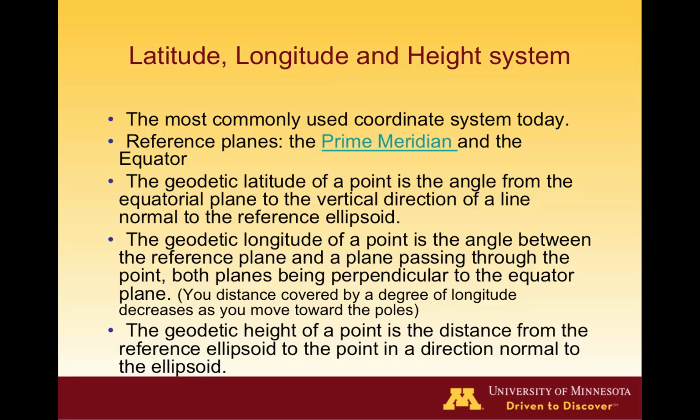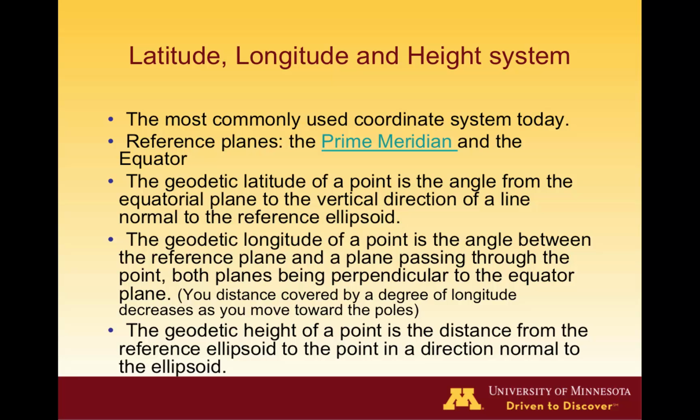The latitude, longitude, and height system is the most commonly used coordinate system today, and it refers to the prime meridian and the equator. We know the equator, right? And the prime meridian is a line that crosses the Greenwich Mean Time line, which is in Great Britain.